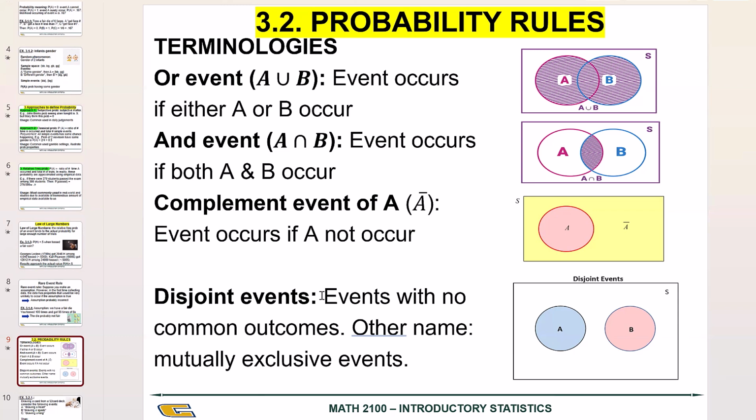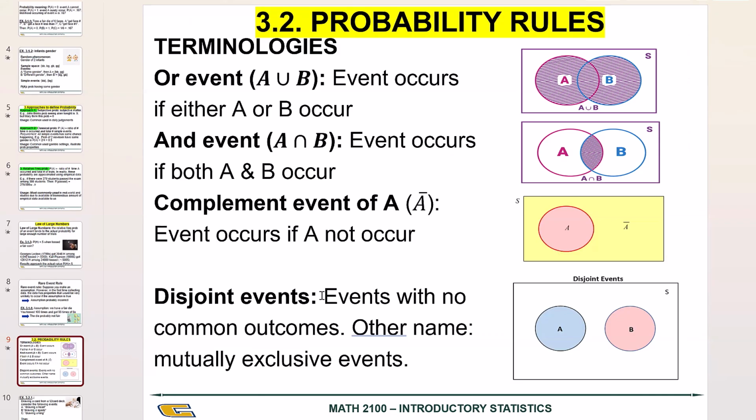You can look at the first figure on the top here: A is the first oval and B is the second oval, and A or B will be the shaded section.